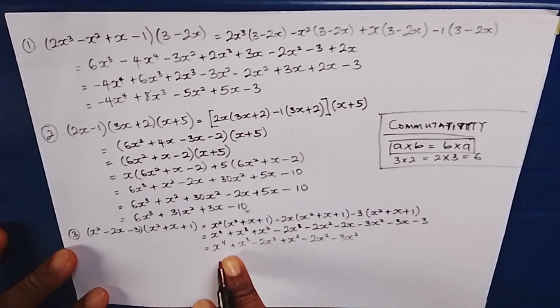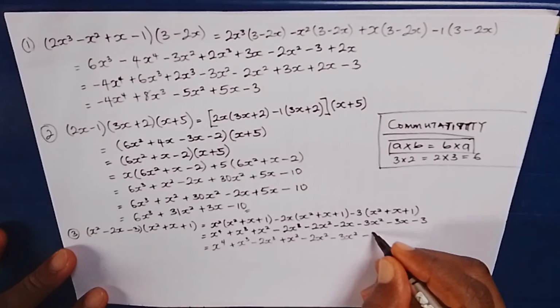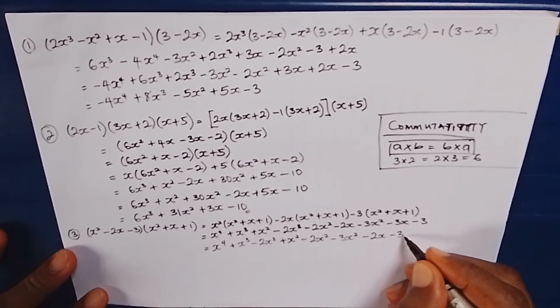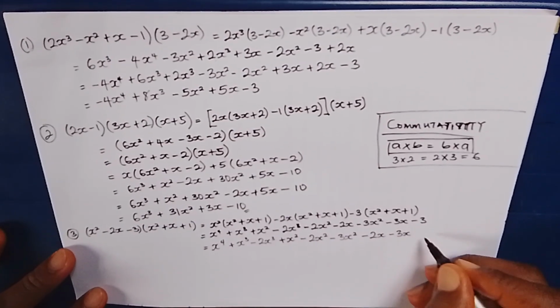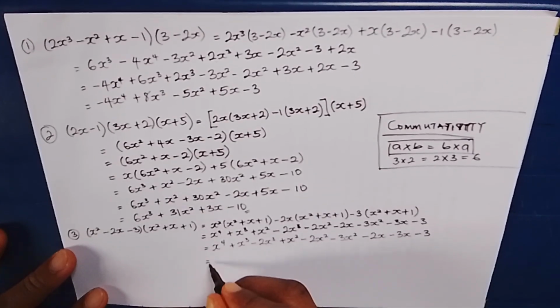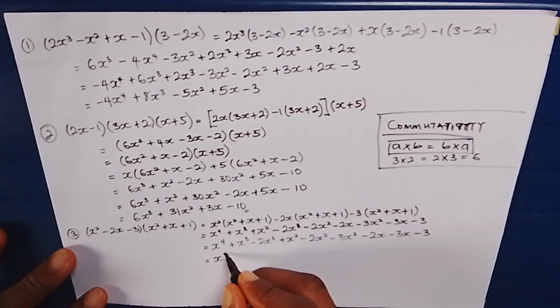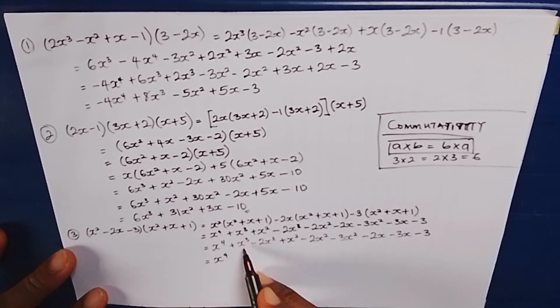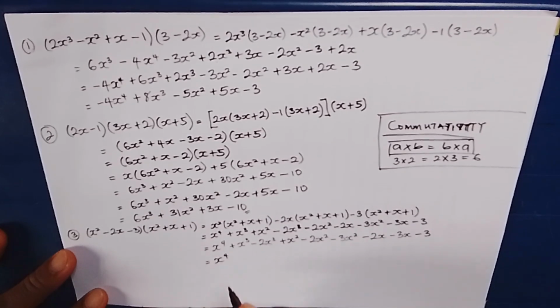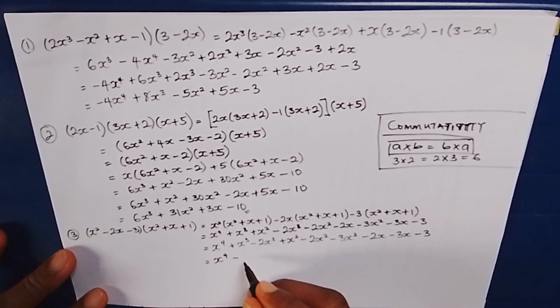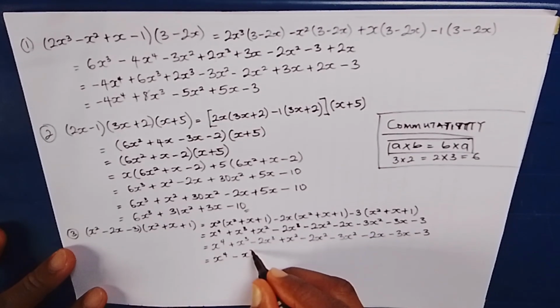Then let's move on to the x term. We have minus 2x minus 3x, and then finally our constant. Then simplify. X raised to the power 4. Then you have plus 2x cubed minus 2x cubed. This will give us minus x cubed.